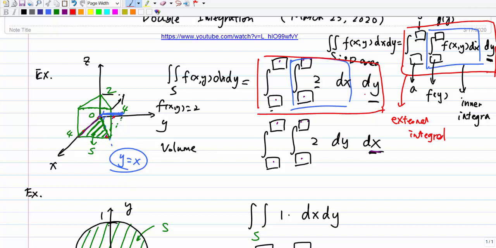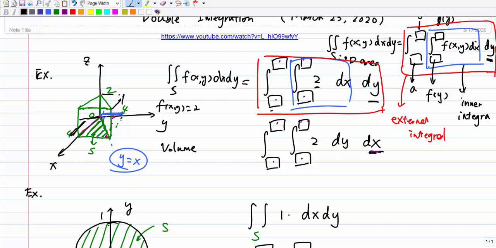So for the outside one, what you have to do is figure out, if I want my y to move so that I can cover the region, what's the minimum of y you can select? The minimum is 0, because if y is below 0, if I go to the left-hand side, we're talking about somewhere over here, so nothing, because this area does not fall under this shaded area.